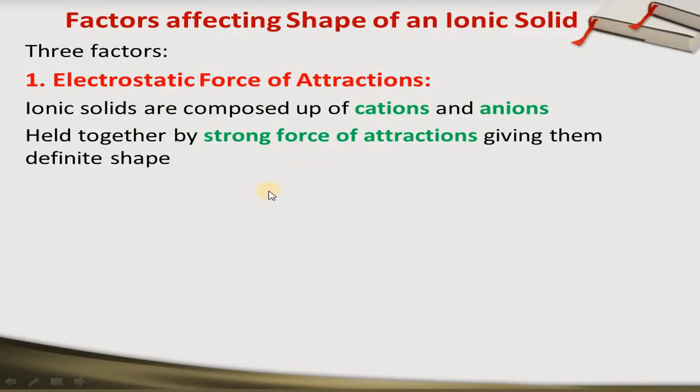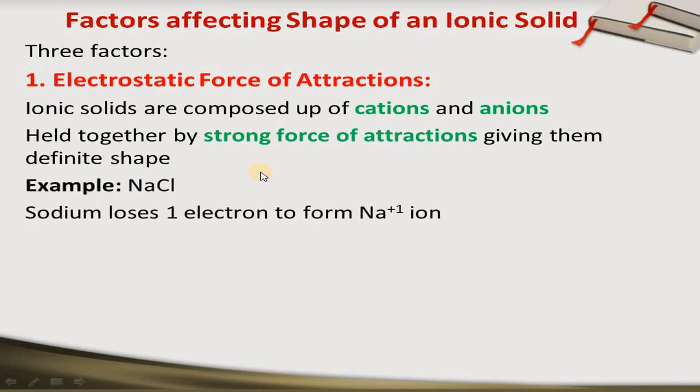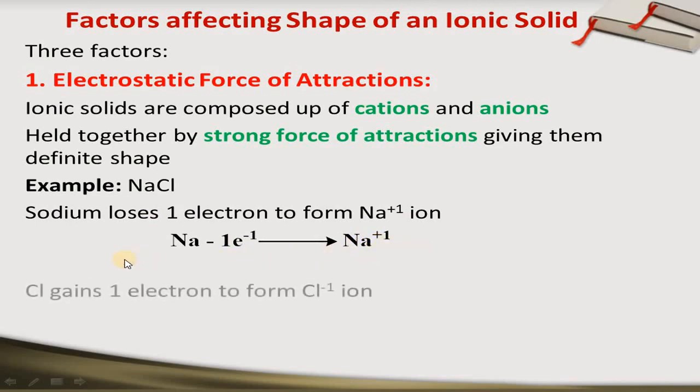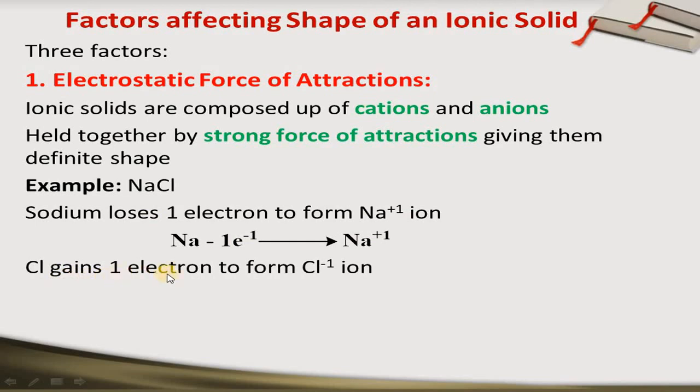We will discuss the example of sodium chloride. Sodium loses one electron to form Na+ ions, meaning that by the loss of one electron from sodium, the sodium cation is formed. And chlorine gains one electron to form Cl- ion, resulting in the chloride ion.